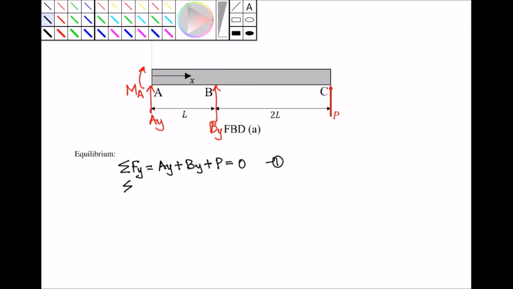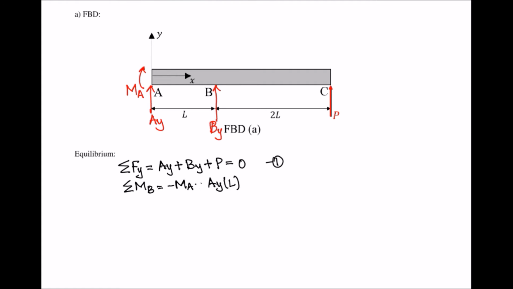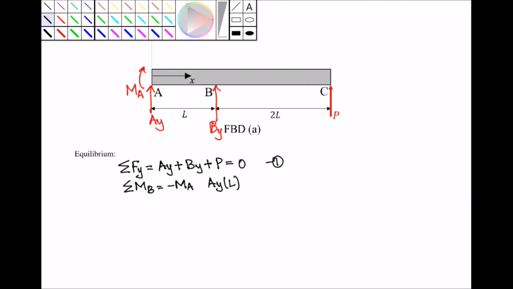If we sum moments about point B, we get minus Ma, plus Ay times L, apologize, that's going to be a minus sign, plus P times twice L, equal to 0. Let's call that equation 2.